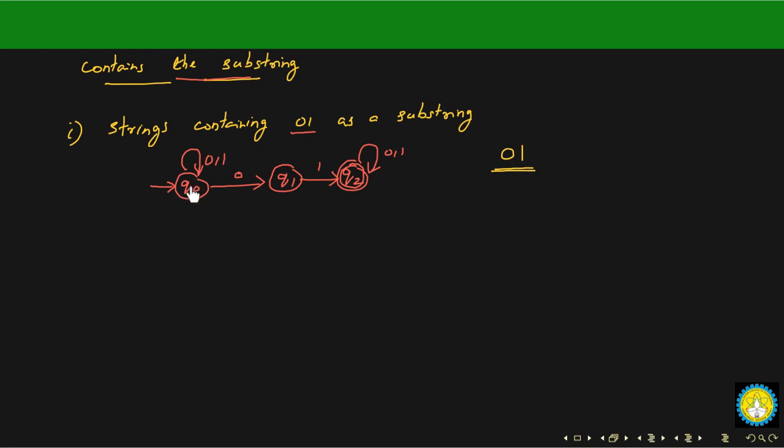From Q0, when you see a 0, it takes this path. And from there, if it finds 1, it takes this path, and then your string is finished and you're at Q2. So this string is getting accepted. Give me any string which contains 0, 1 as a substring, and I can show you a path by which this string gets to Q2. That's the idea.